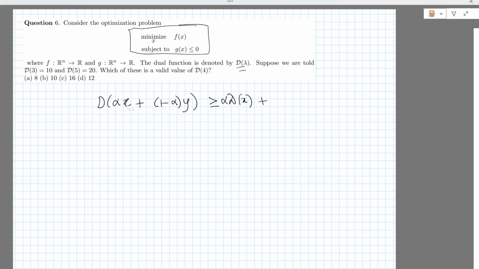Okay, I should not use x, I will use lambda 1, lambda 2: lambda 1, 1 minus alpha, d lambda 2, where alpha is between 0 and 1. Okay, this is the concave property.